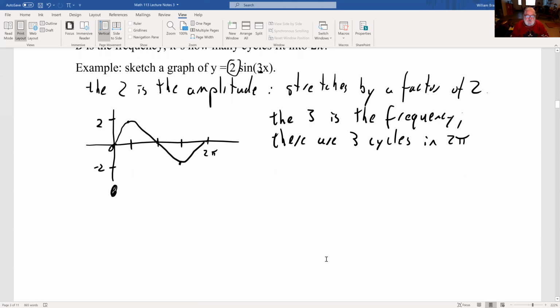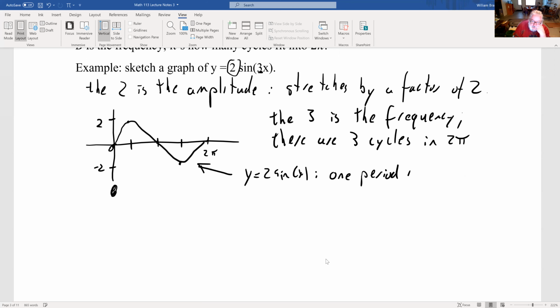It's moving 3 times as fast. So when we think of y equals 2 sine x, and that's this graph here, one period is 0 up to 2 pi.